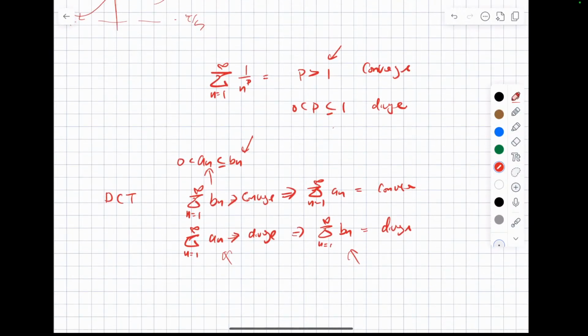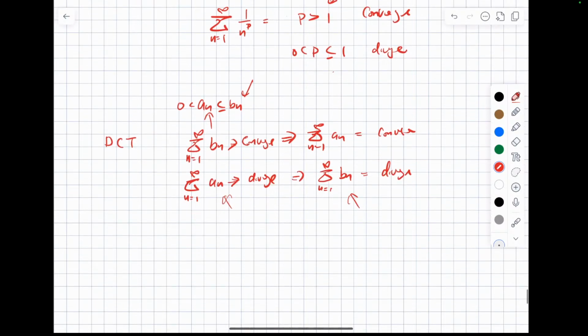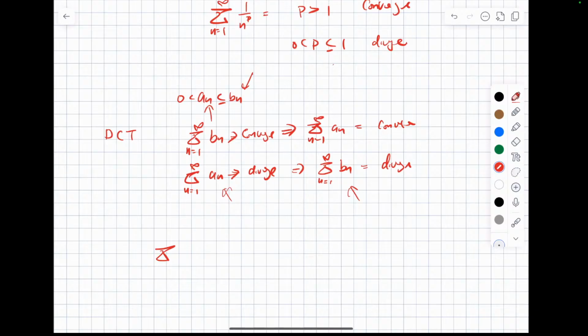So we did the direct comparison test, and we did a couple of examples like that, especially the summation of 1 over 2 plus square root n, n equal to 1 to infinity. We did a comparison. What do we compare with? 1 over square root n.